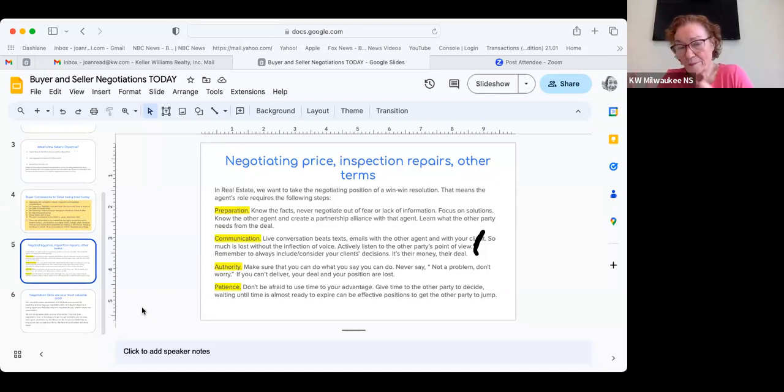All those personalities get together and they become a real mess. And that's where it's hard to come up with a win-win solution. Keep you and the other agent on the same level in communication, and if you do have frustrations about the other agent, make sure your client is not aware of that. Keep your frustrations to yourself.